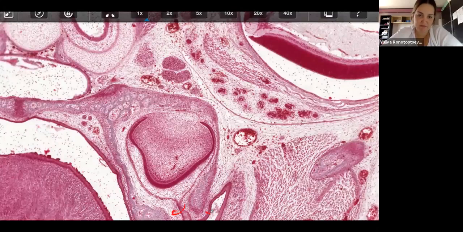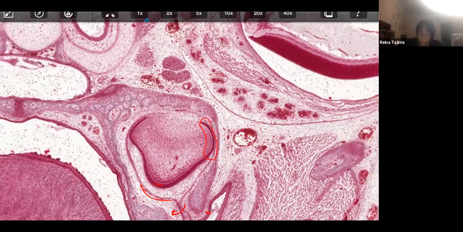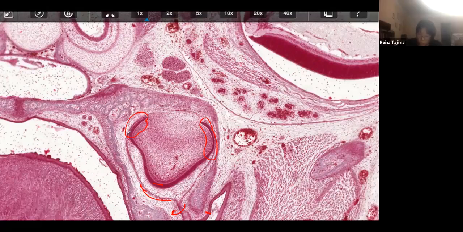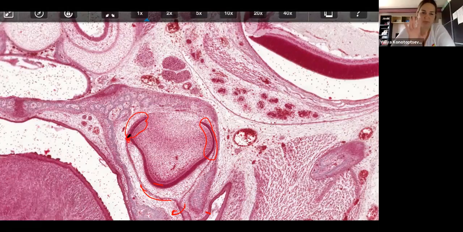Oral cavity epithelium, ectoderm, dental lamina, outer enamel epithelium, inner enamel epithelium, right? But what is this? Hairs on both sides. In the cup stage, did we have hairs? No. We simply had the loop, that's it.